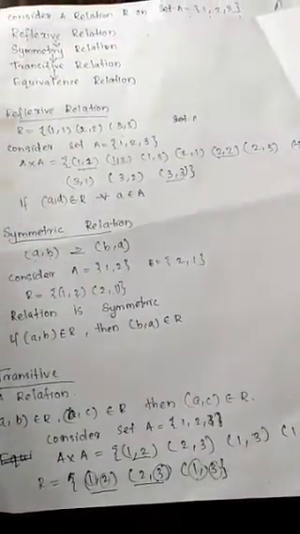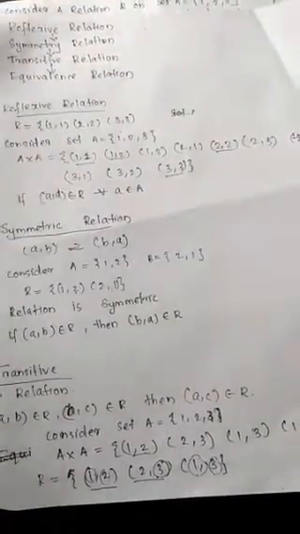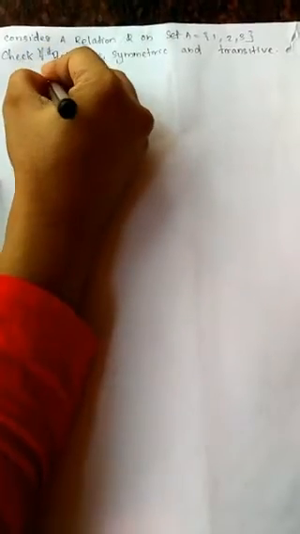Just have a look at these examples. Now for better understanding, let's do a problem. Consider a relation R on a set A equal to {1, 2, 3}. Check whether the given relation is reflexive, symmetric and transitive, and also verify whether it is an equivalence relation. What is the given set? Set A equal to {1, 2, 3}.